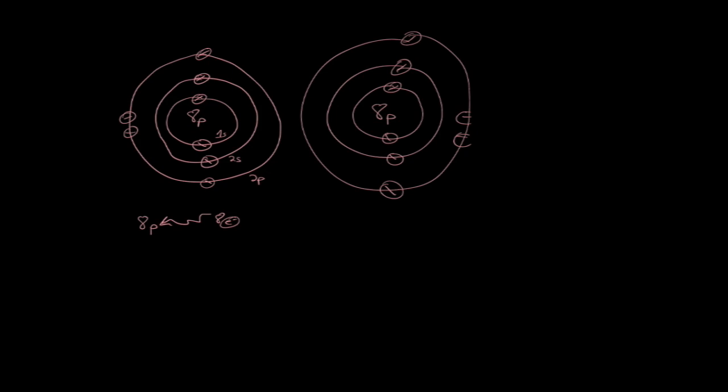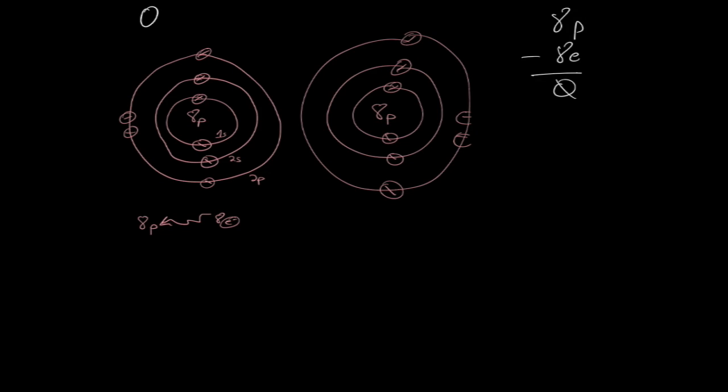So if we do the math, 8 protons are positives minus 8 electrons, because that's the charge of the electrons. The 8 positives cancel out the 8 negatives and you have a 0 charge, right? So these two oxygen atoms are indeed neutral. So rule number 1 is satisfied.